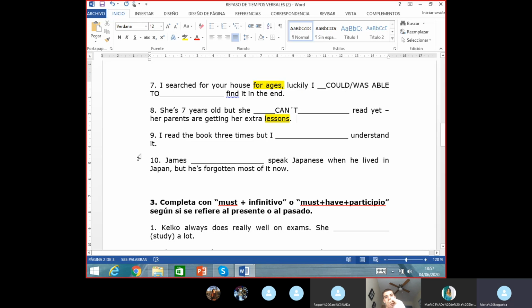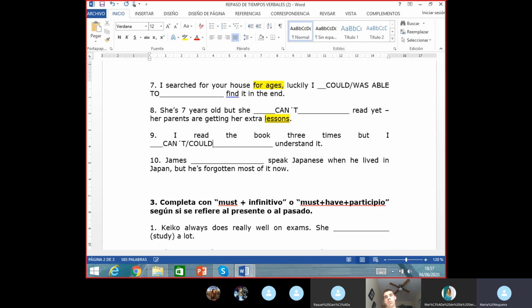9, I read the book 3 times, but well, this is very ambiguous. Leí el libro 3 veces, but you can say I can't understand it, no lo puedo entender, ahora en presente, ¿no? Or I couldn't understand it, no lo pude entender en el momento que lo leí, ¿no? So this is ambiguous.